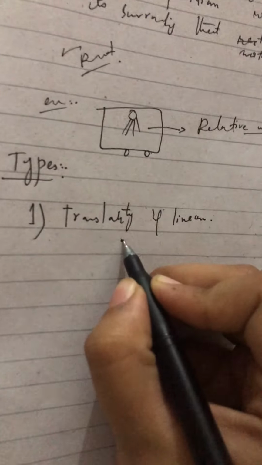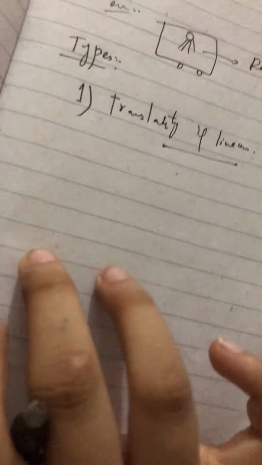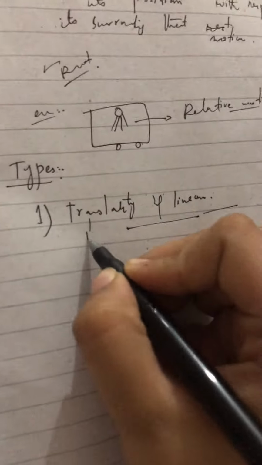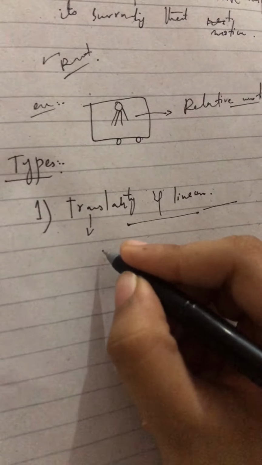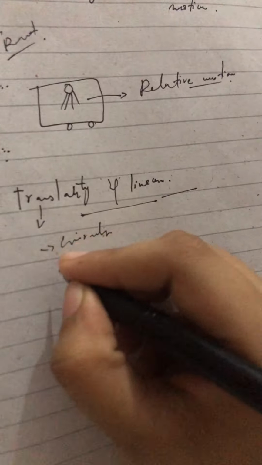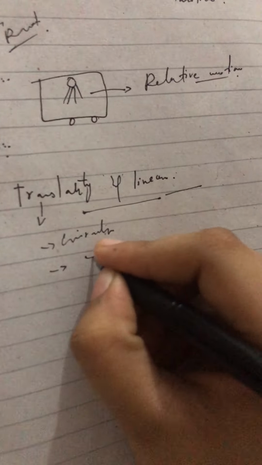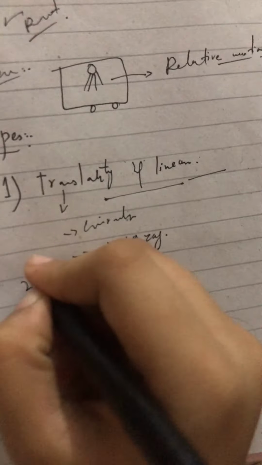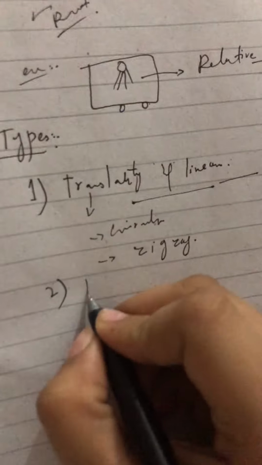If a body moves in a linear direction or in a straight direction, that will be called a linear motion or translatory motion. In translatory, we are having two other types. Number one is circular, and another is zigzag motion. After that, the second type is rotatory motion.